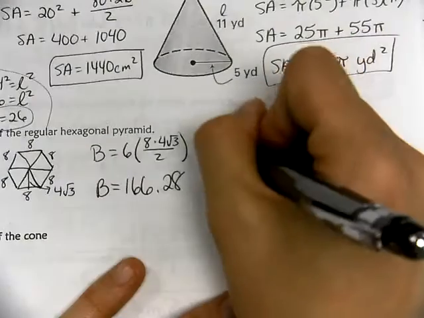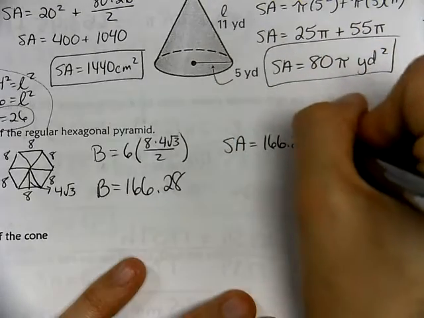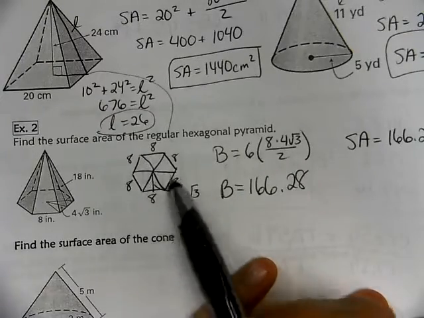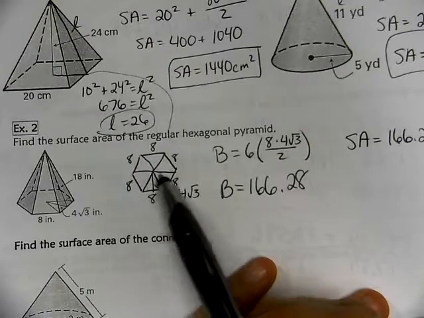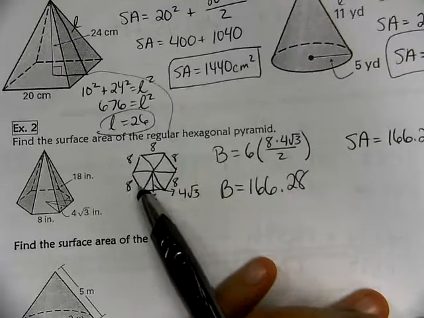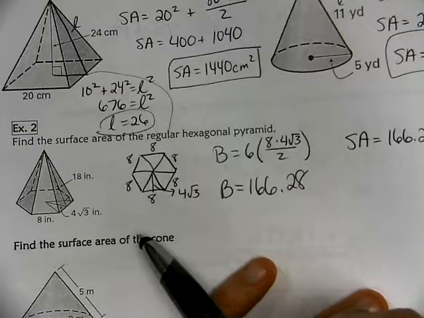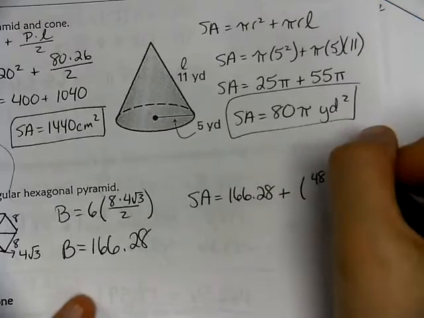So our surface area is 166.28 plus, now what's the perimeter of the hexagon going to add up to, if all the sides are 8? 8 plus 8 plus 8 plus 8 plus 8 plus 8 is 48. So 48, that's our perimeter.